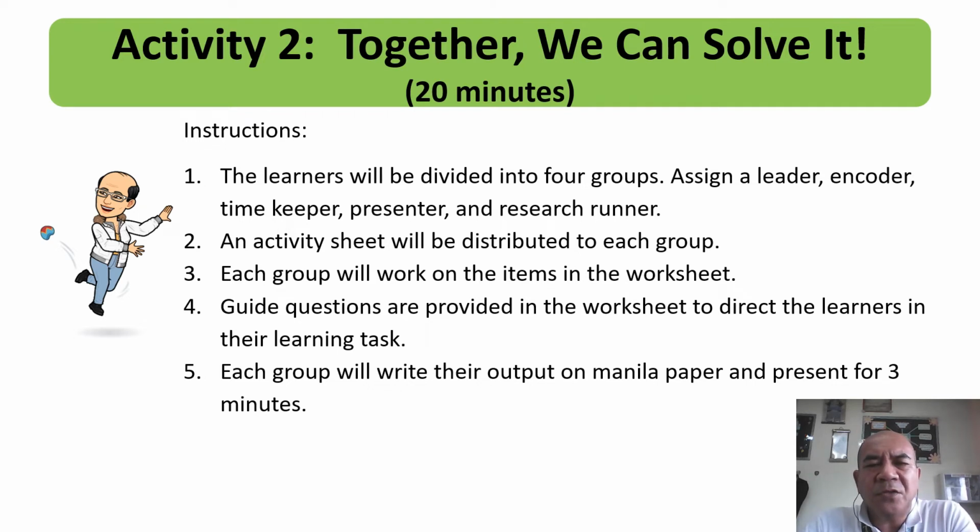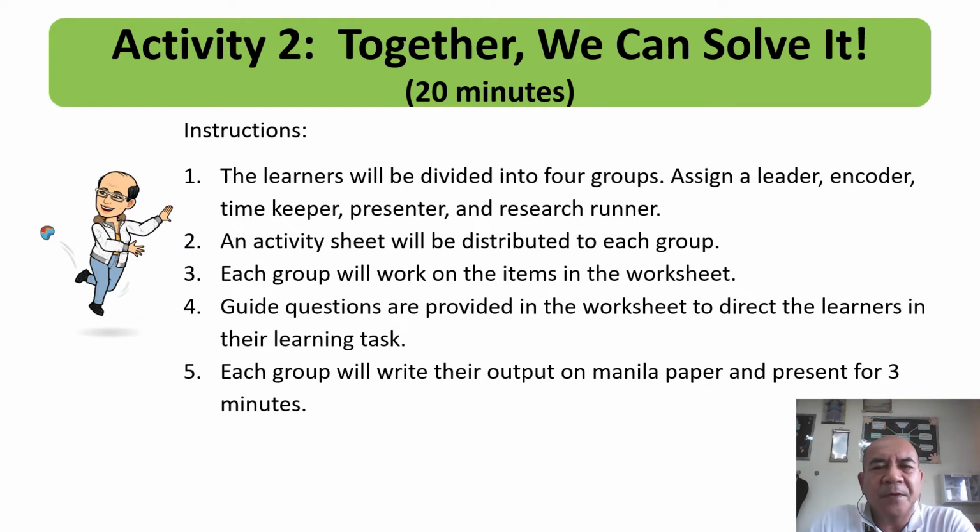Number 2, an activity sheet will be distributed to each group. Number 3, each group will work on the items in the worksheet. Number 4, guide questions are provided in the worksheet to direct the learners in their learning task. Each group will write their output on manila paper and present for 3 minutes.